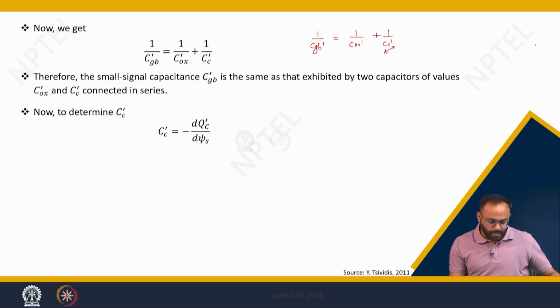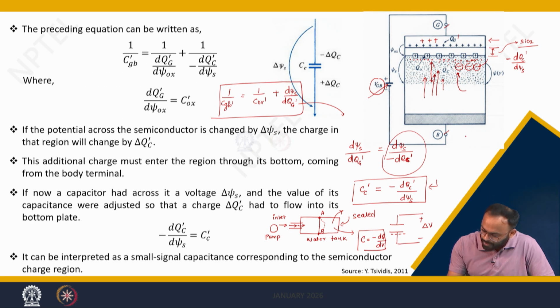So, from here you can see that we have two capacitances, one is the oxide capacitance COX and one is the channel capacitance CC dash, connected in series.